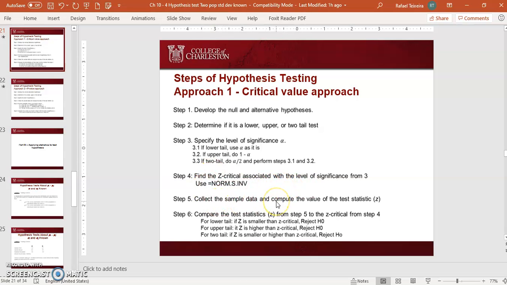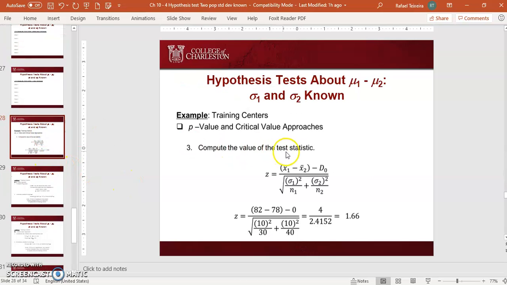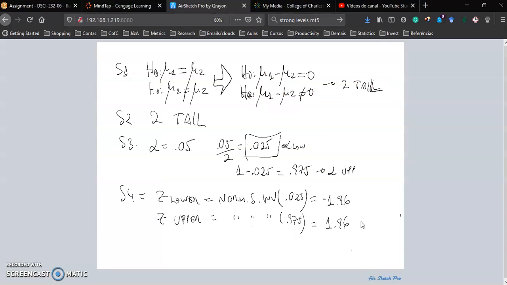Now collect the sample data and compute the value of the test statistic. I have this right here. Compute the value of the test statistic. You simply apply the formula. I'm not going to copy the formula. So if you copy the formula, plug the numbers in, simply look and plug, you get the z-score of 1.66.